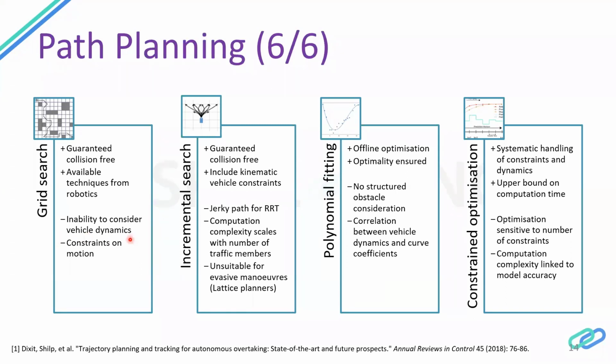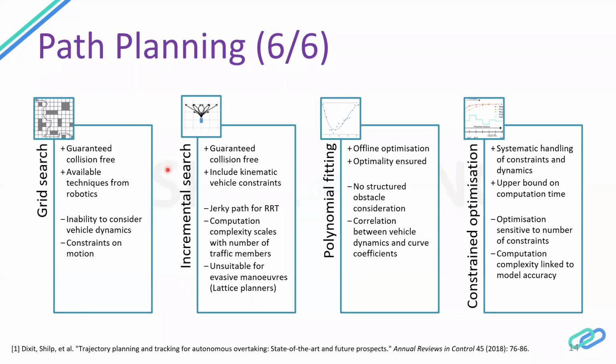So it's not very suitable for autonomous vehicle applications where you have occupants sitting inside, so you have to respect the acceleration demands, the constraints of the powertrain, etc. And also it's difficult to put constraints on the motion of both the vehicle and the obstacle. So these are some things to consider while designing paths using grid-based algorithms.